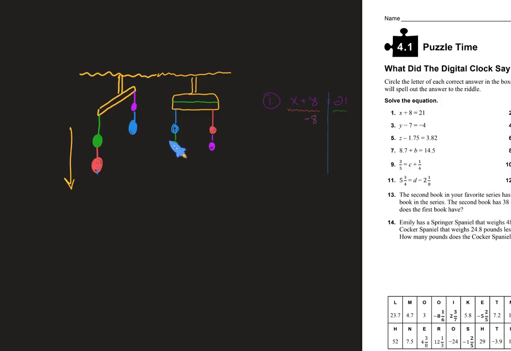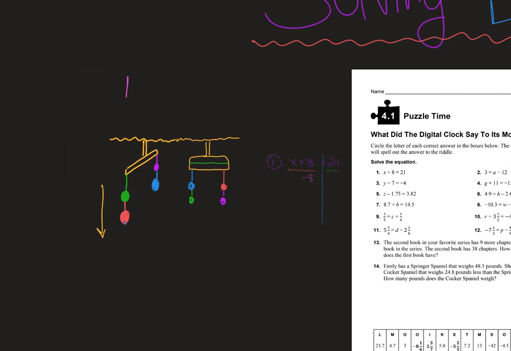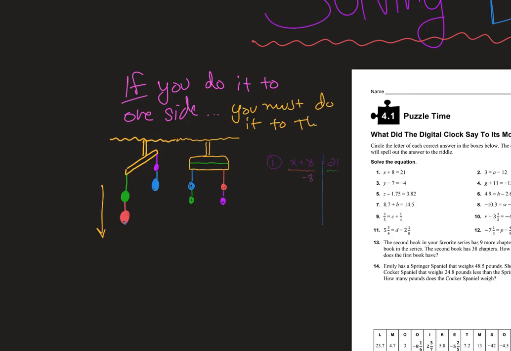Now, I'm not guaranteeing this is what's gonna happen. In fact, my tools here are not fancy enough to just make it happen, but the idea is if you do it to one side, you must do it to the other side.